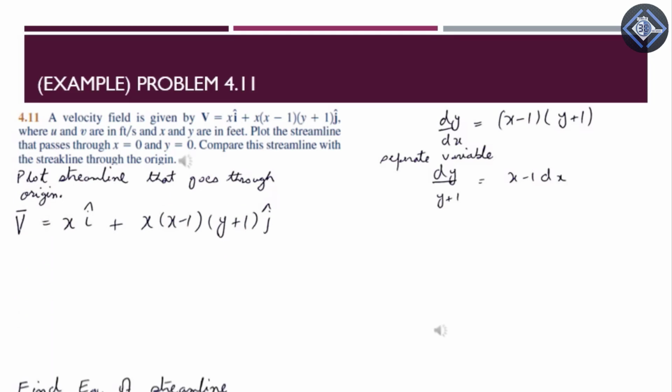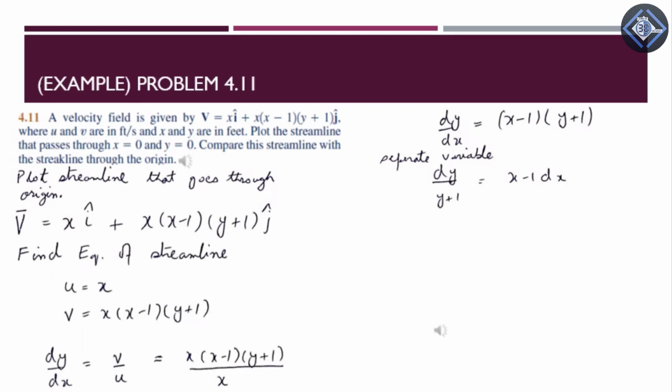We know that the u velocity, u, is equal to x and v is equal to x times (x minus 1) times (y plus 1). We also know the equation of streamline, that is dy over dx is equal to v over u.